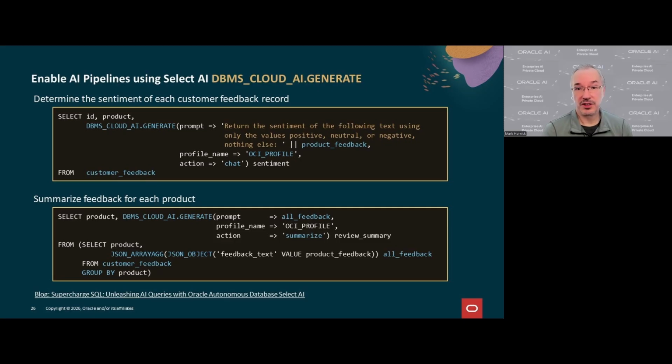For example, you can use the chat action to combine instructions with content from the product feedback column in our customer feedback table. Similarly, you can easily summarize feedback for each product using a summarize action by creating a JSON object of feedback grouped by product. I wrote a blog on this referring to supercharging SQL, and it has more examples.